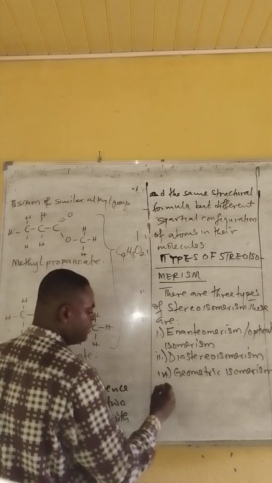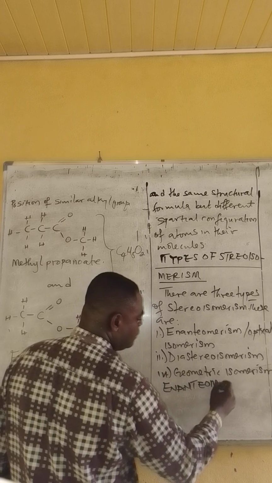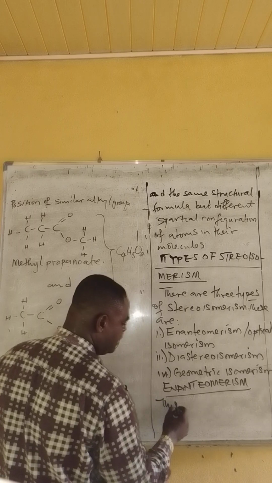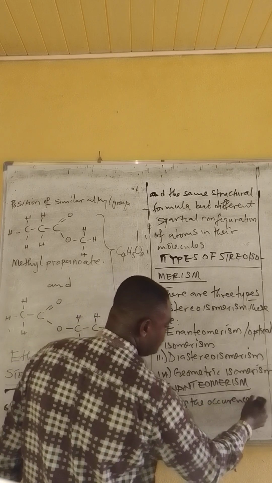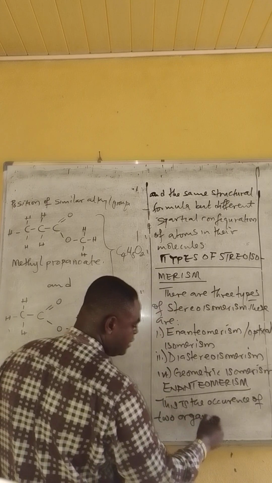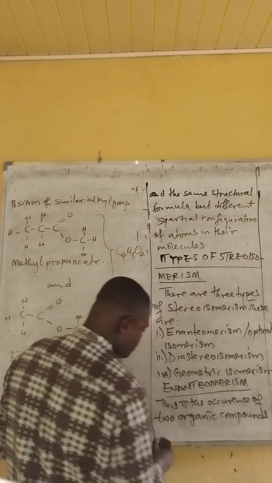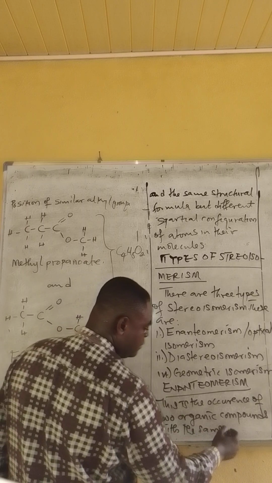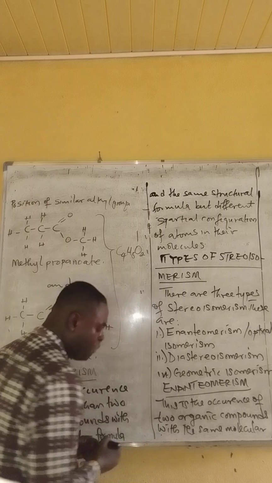So let's take the first one, enantiomerism. Now this is the occurrence of two organic compounds with the same molecular and structural formula.